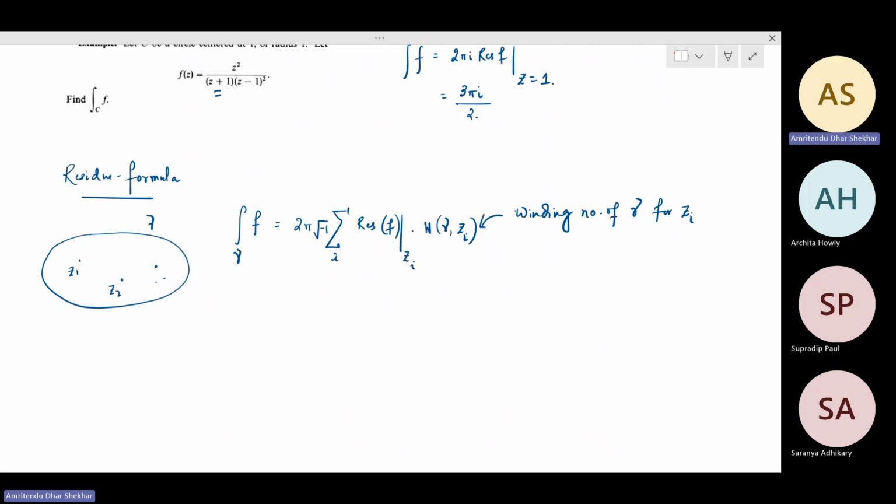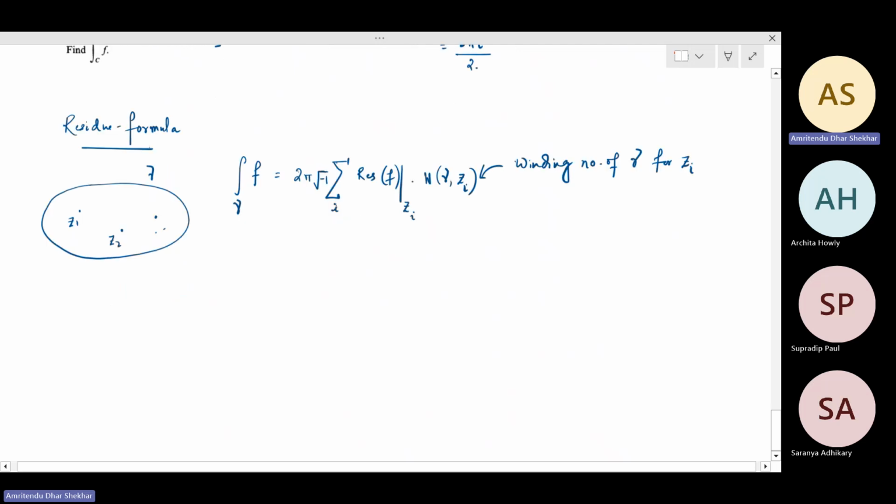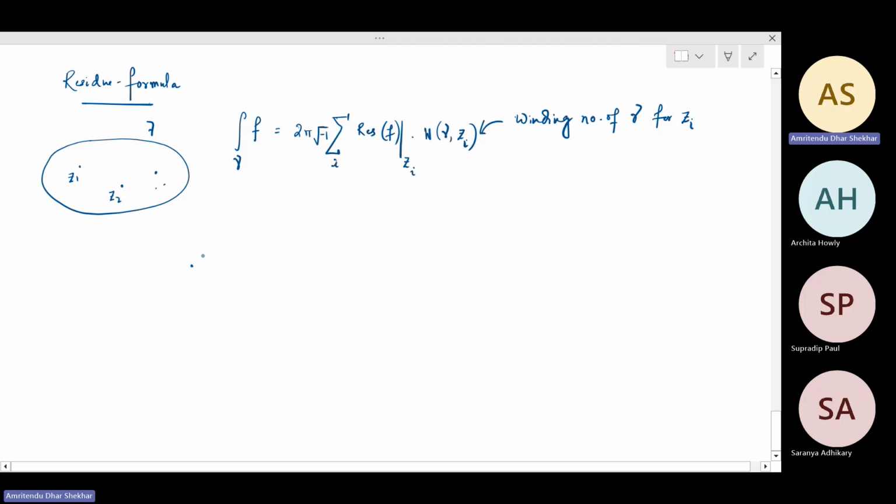But let's say, an example. Let's say you have a point over here, and you have a circle. You traverse the circle once, and then let's say you traverse the circle two times.